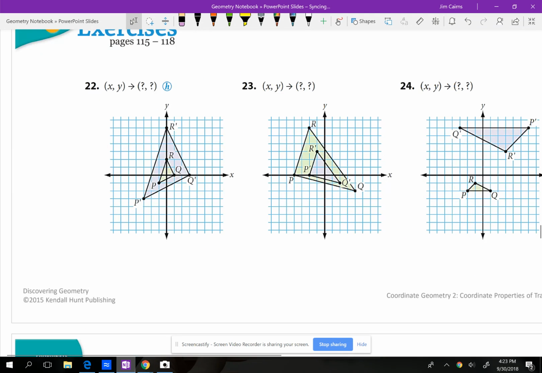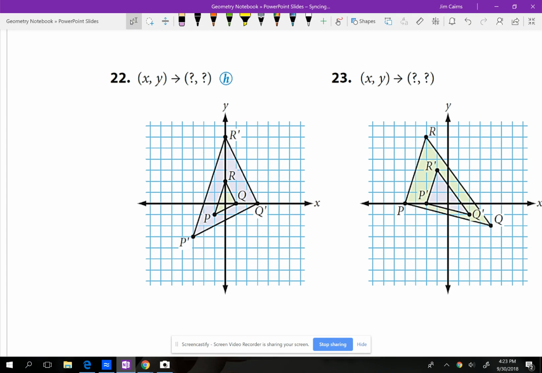And finally 22. Well, 22 is different. That's a size transformation. So let's do P here, because P is 1, 1.